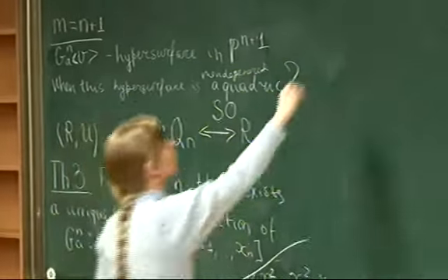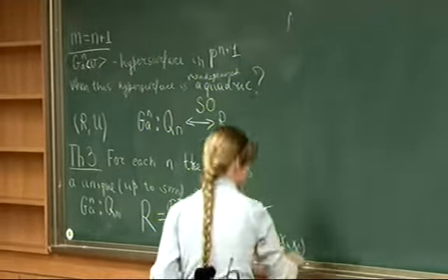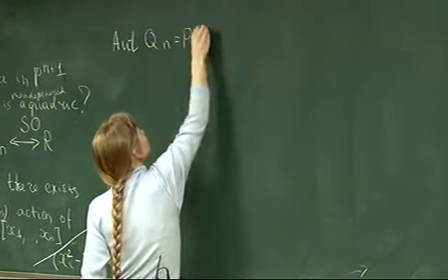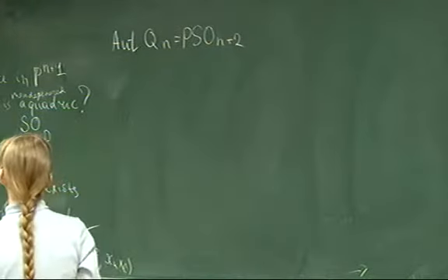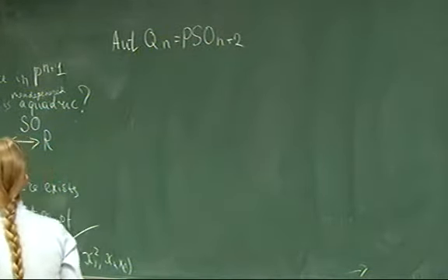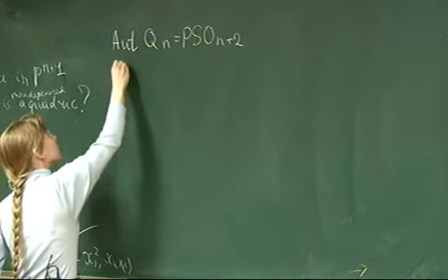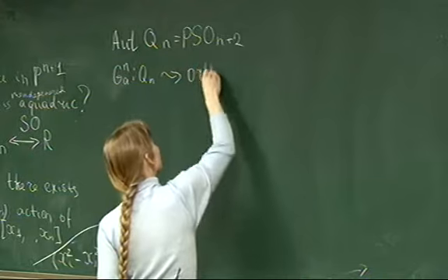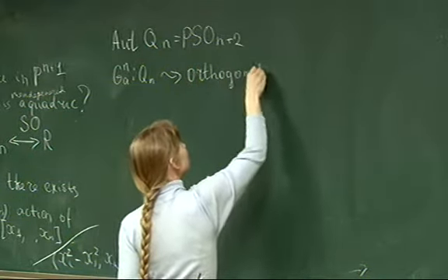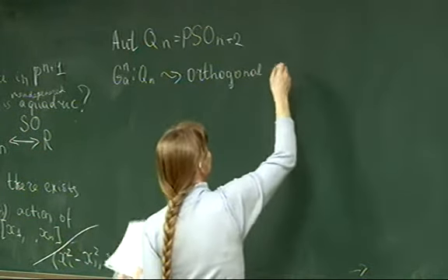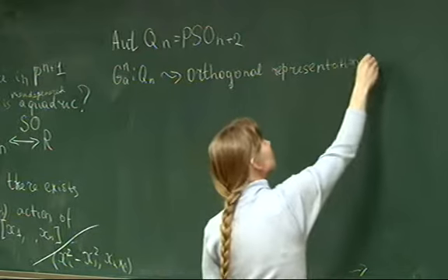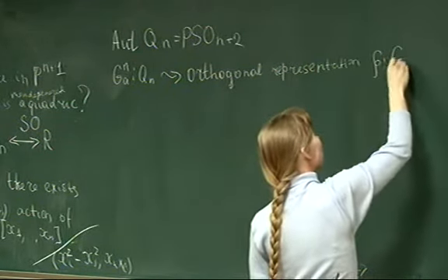First, since the group of automorphisms of the quadric is orthogonal, we can say that any action of the group G_a^n on a non-degenerate quadric Q_n can be extended, not extended, it induces an orthogonal representation of this group.